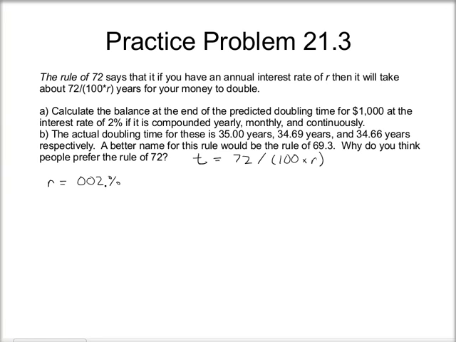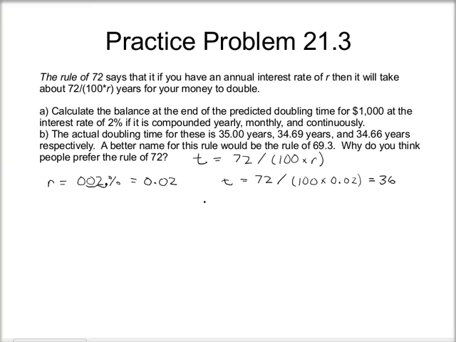To change that to a decimal, I'm going to take my decimal point and move it 2 places to the left. So this is equal to 0.02 in decimal form. So that means that T is going to be equal to 72 divided by 100 times 0.02, which if I put that into my calculator is going to give me 36. So my predicted doubling time is 36 years.